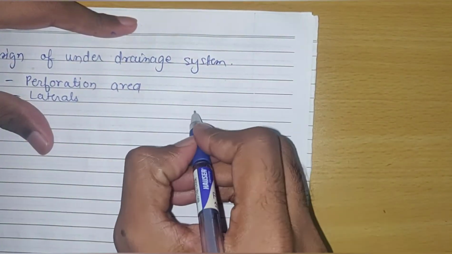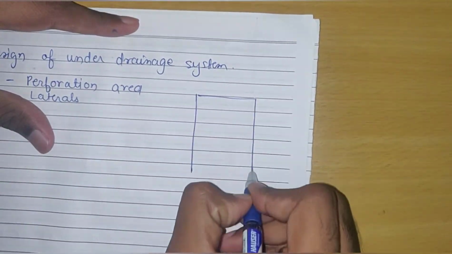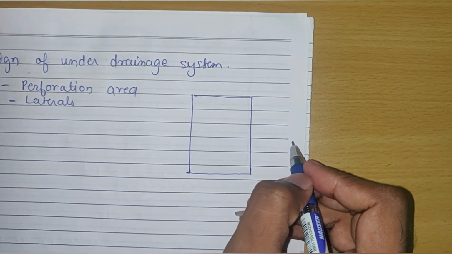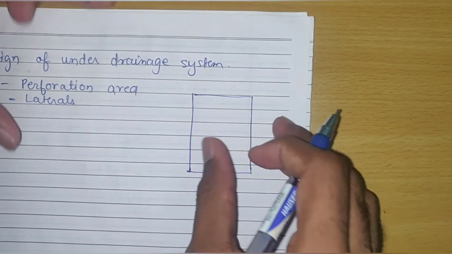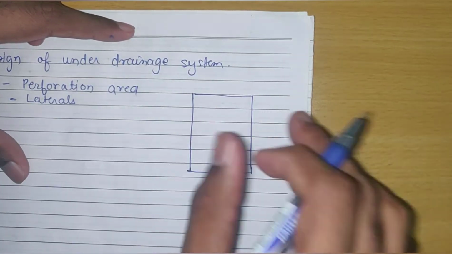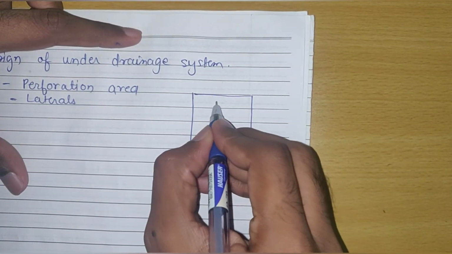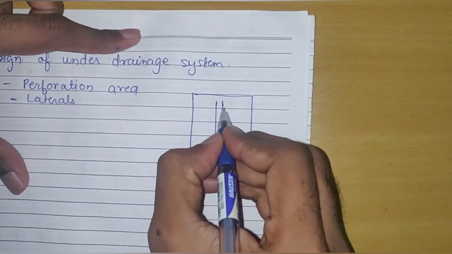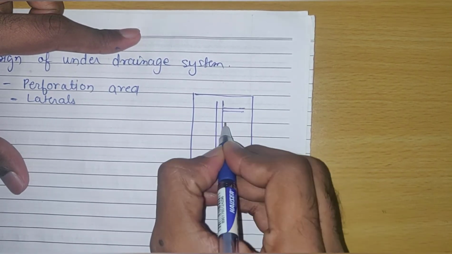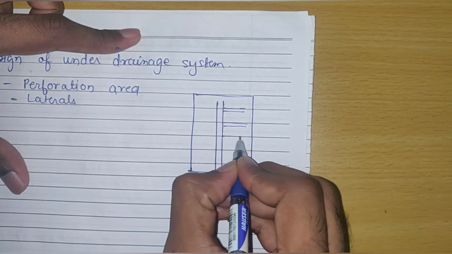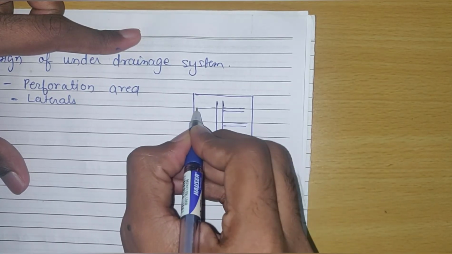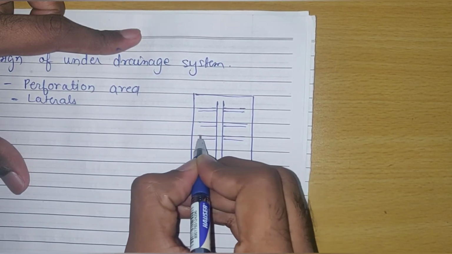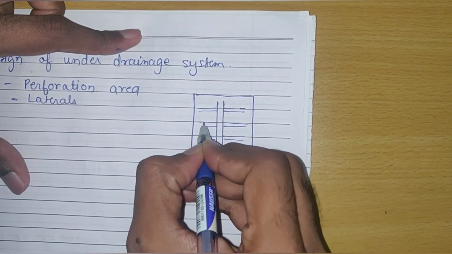Okay, to explain what laterals are and what a manifold is, I will draw the plan of the rapid sand filter. Suppose this is the plan of the rapid sand filter and this is the basin. In that basin, suppose this is the manifold and these are the laterals on both sides. Laterals have perforations.